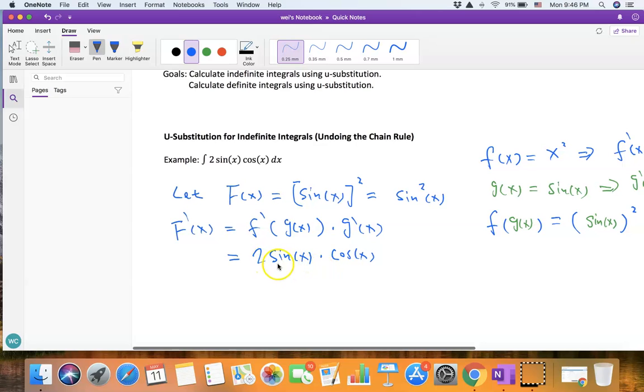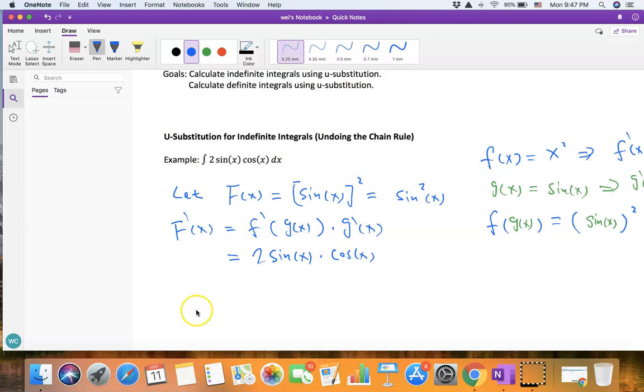Okay, now you see, since the derivative of capital F equals 2 times sine x times cosine x, which is what we have inside the integral, the function capital F is an antiderivative of this function.